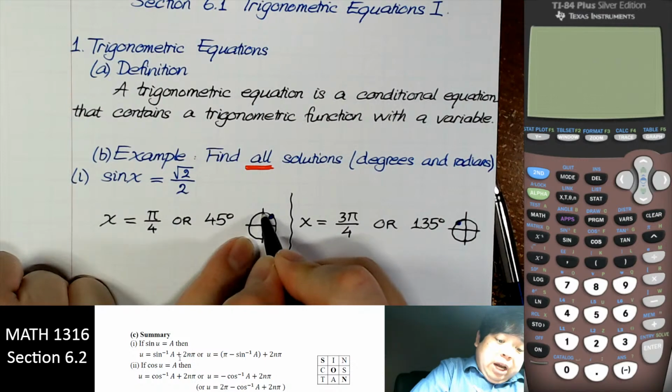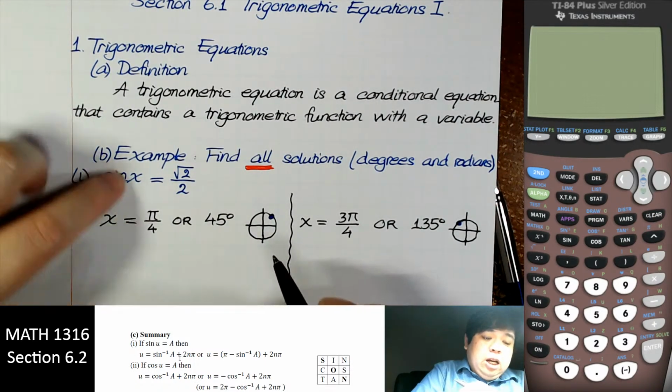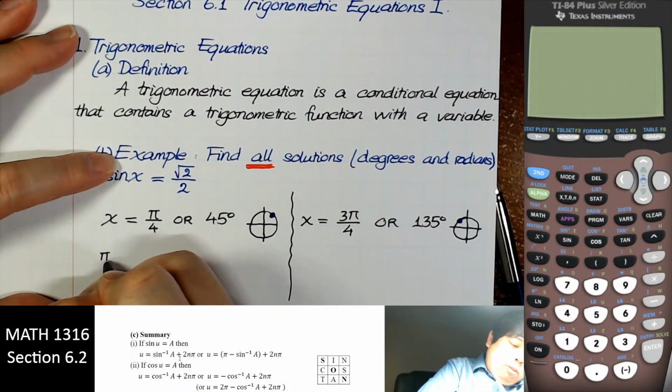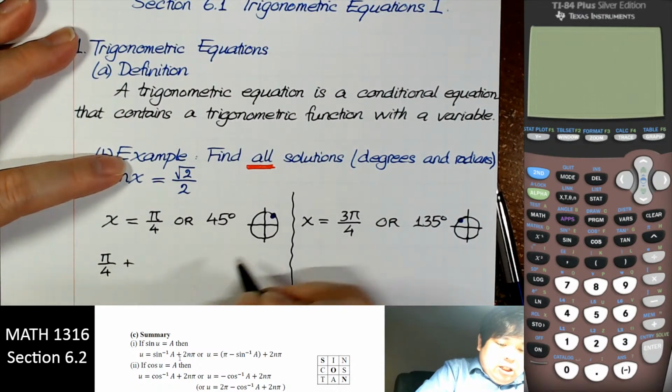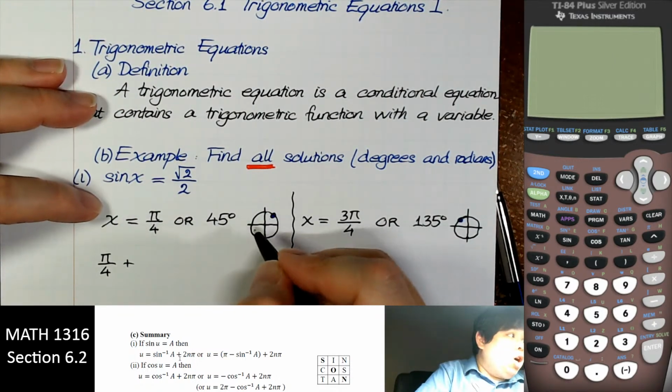However, we can go extra revolutions, many times over. So instead of writing the answer like this, we can say pi over 4, and we can have extra revolutions. So we should say coterminal angles.